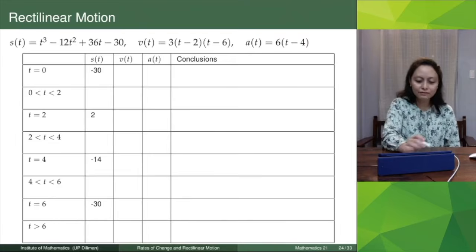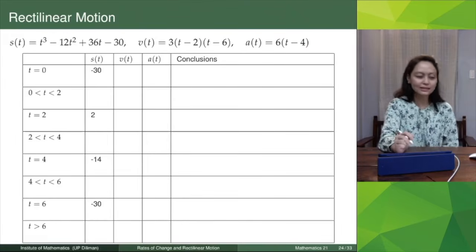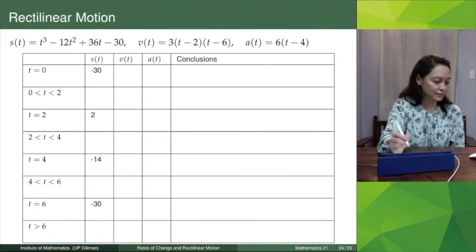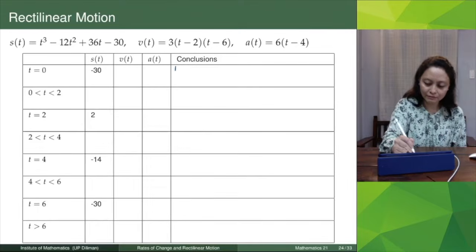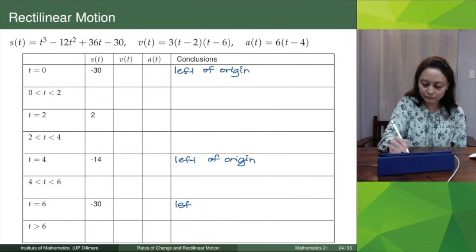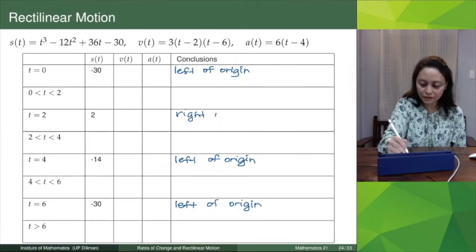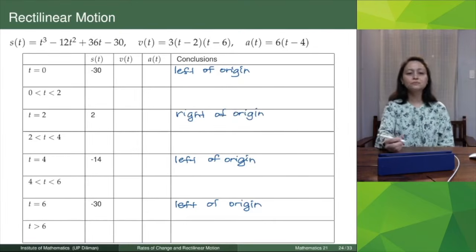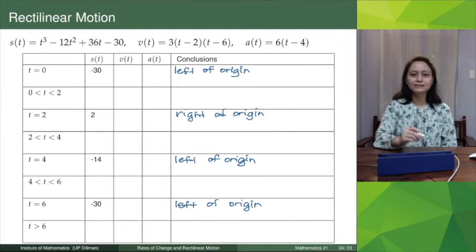So, pag negative, it means that the particle is to the left of the origin. Yan. So, lahat ng negative nasa left of origin. Positive, it's to the right of the origin. Okay? So, yan yung position ng particle at these times.